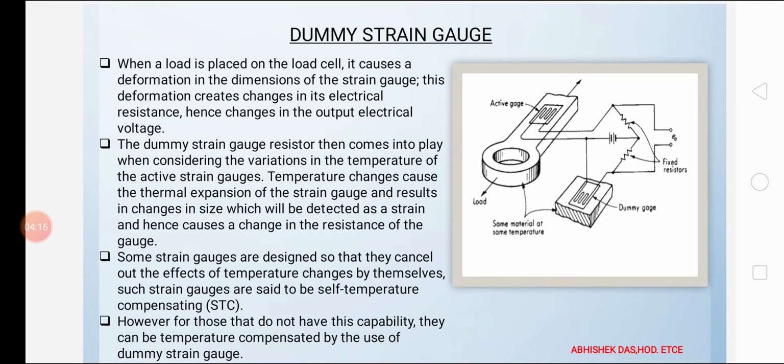When the structure is strained, the resistance of the active gauge only goes up and the unbalanced voltage is proportional to the strain. However, those gauges that do not have any self-compensation capability can be temperature compensated by the use of a dummy strain gauge.